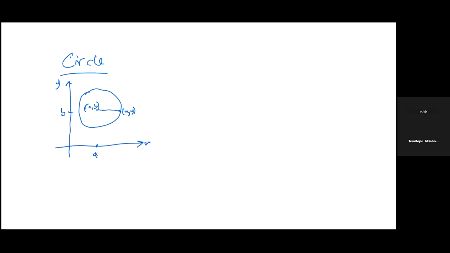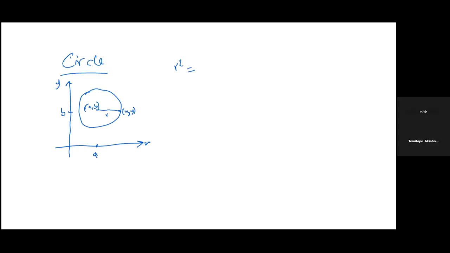Now, by the distance between 2 points formula that we have discussed, don't forget when we are looking at the length of a line or distance between 2 points, we have a formula. And what's the formula? This radius here, we can say is r squared equals the distance between the coordinate of the center and this point x, comma y on the circumference.